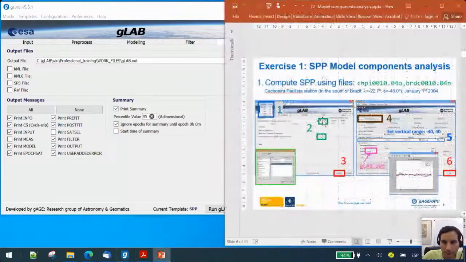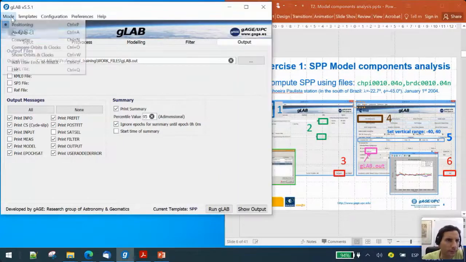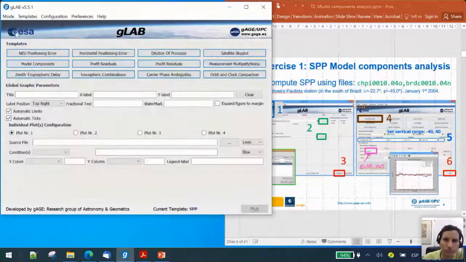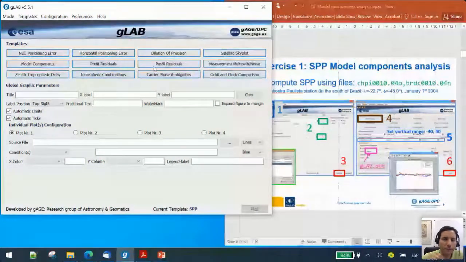Okay, so this was after the completion of the first 3 steps. Then let's go to plot it. Maybe some of you have already plotted the result. So basically, we have different templates. We have many templates.